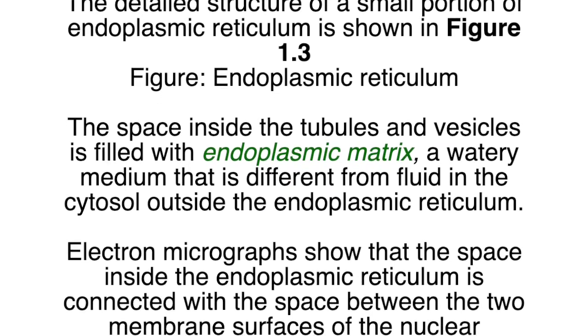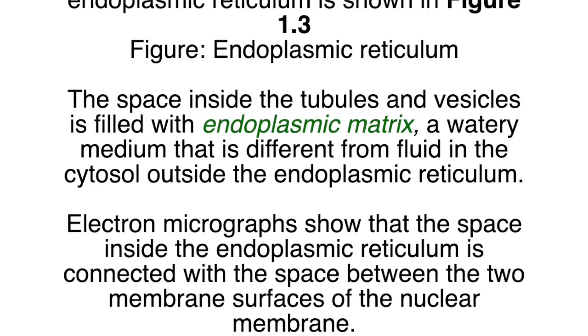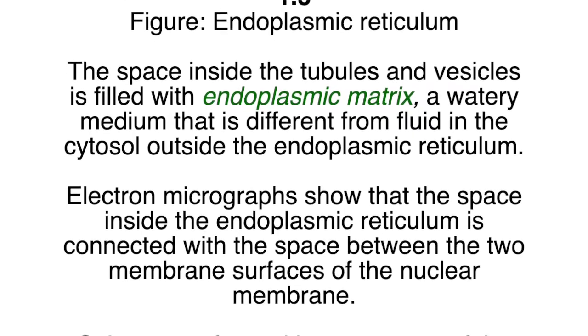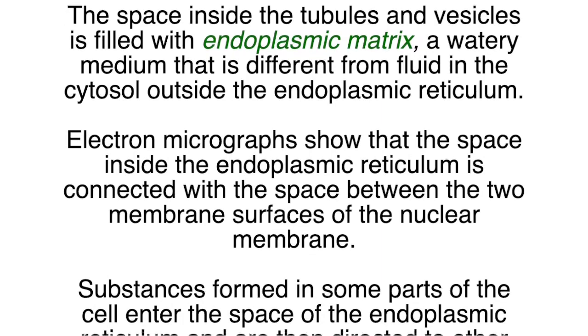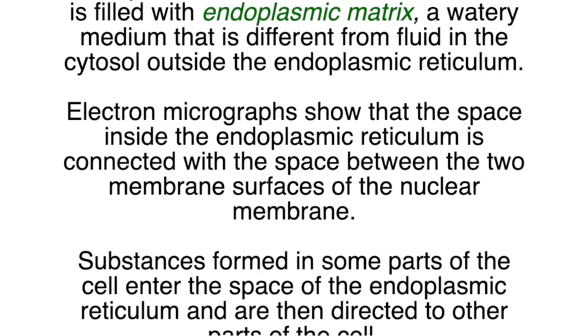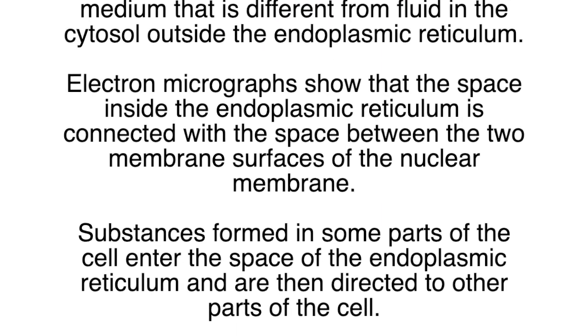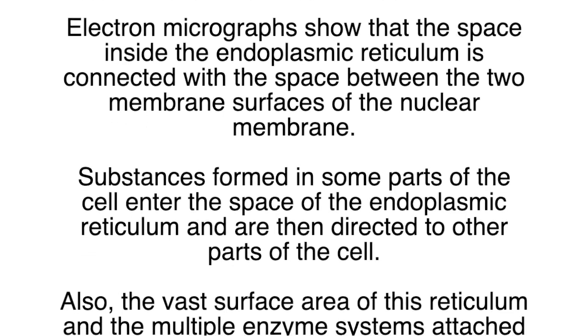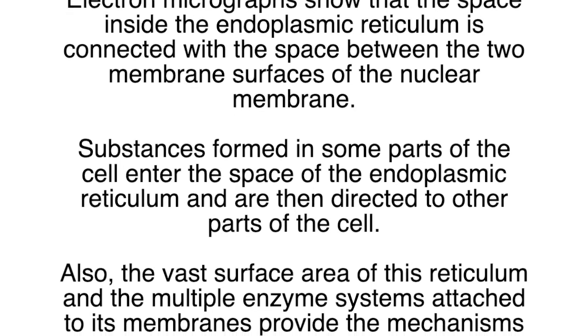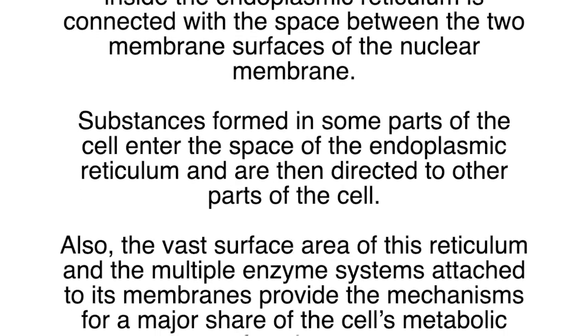The space inside the tubules and vesicles is filled with endoplasmic matrix, a watery medium that is different from fluid in the cytosol outside the endoplasmic reticulum. Electron micrographs show that the space inside the endoplasmic reticulum is connected with the space between the two membrane surfaces of the nuclear membrane.